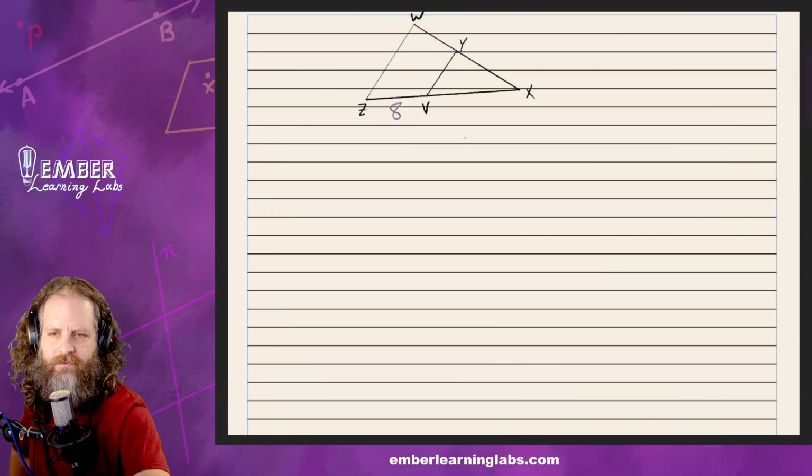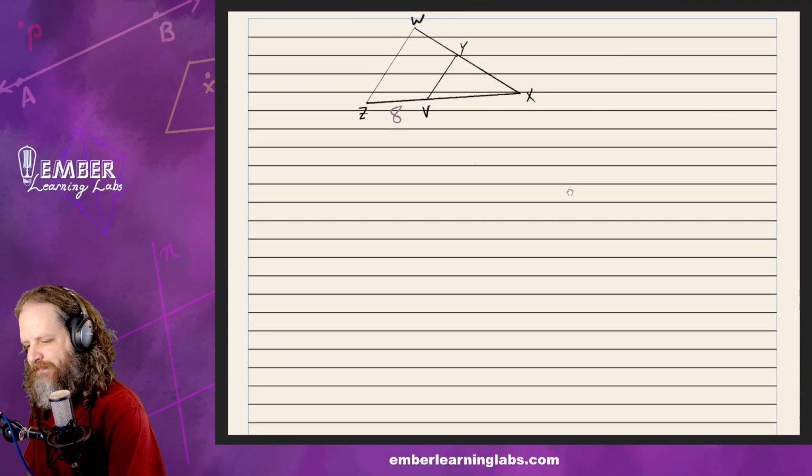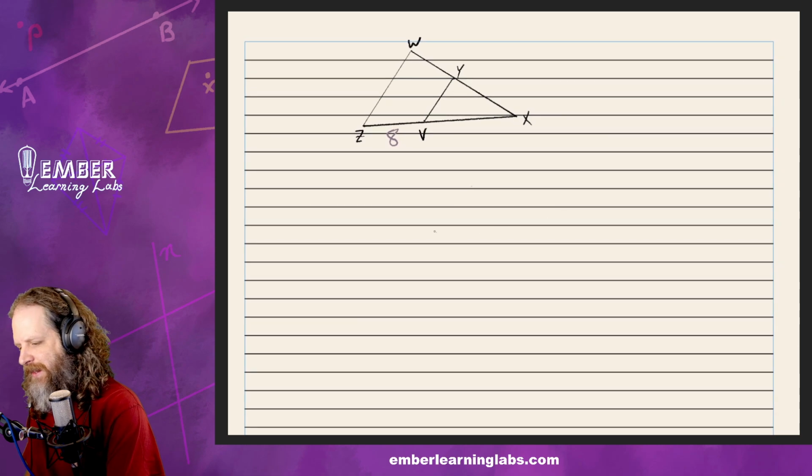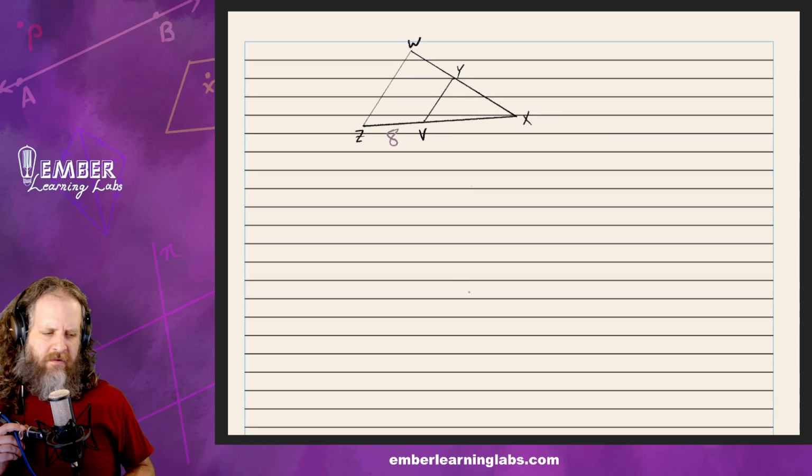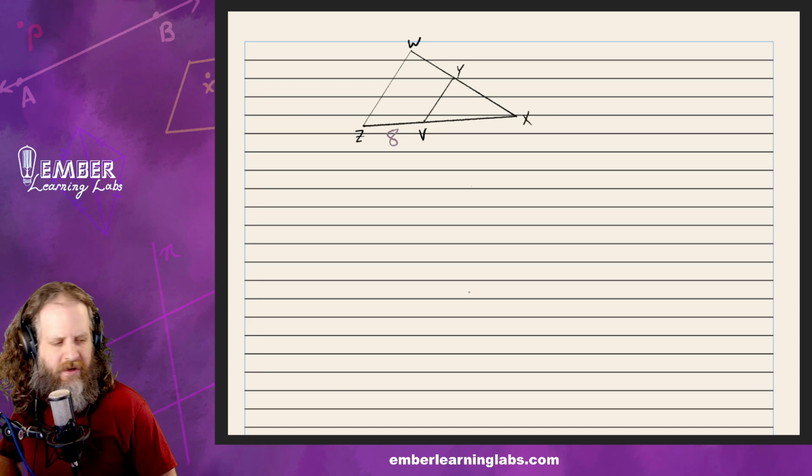And for 16, it says that the measure of ZV is 8. Y'all see that? Oh, y'all can't see anything. There you go. Y'all see that 8, or is that too pale for you? Okay.